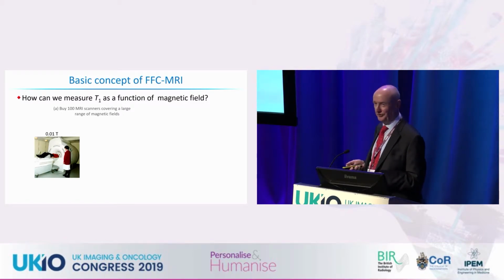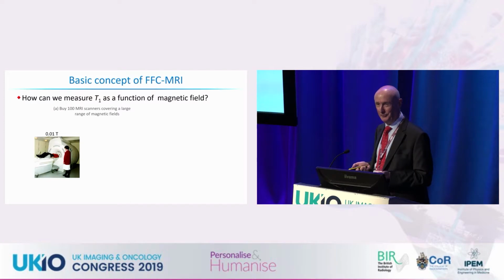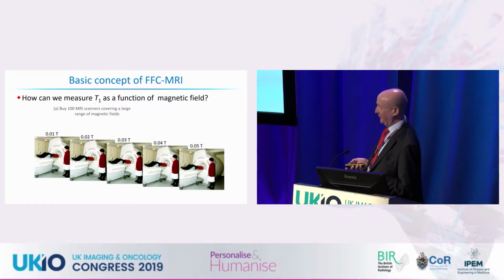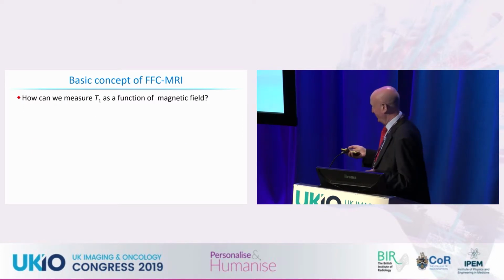No, sorry, you've got to do this another 99 times, because we're going to do this at a range of field strengths, 100 field strengths. So the patient ends up being there all day or all week, I don't know. But so clearly that's not a practical way of doing it.